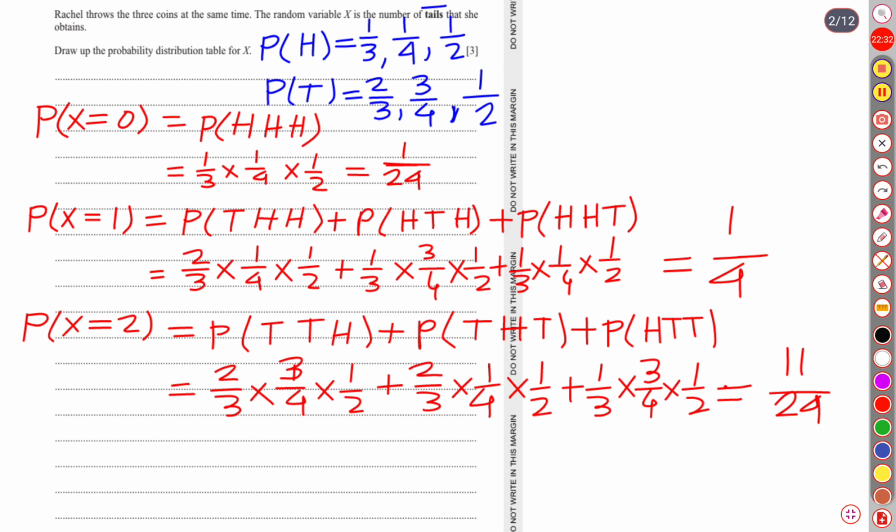But in this case, all 3 coins are not of the same probability. That means they are biased with different probabilities. That's why you cannot just find one probability and then multiply by 2 or 3. It will not be logical. So please don't get confused. In this case, they are biased and the probabilities are not uniform.